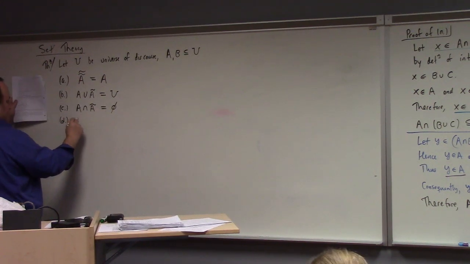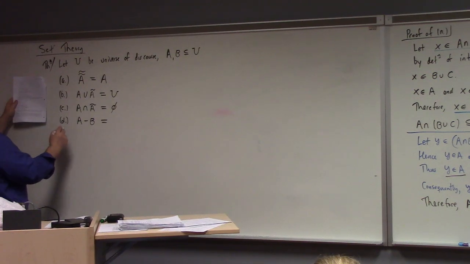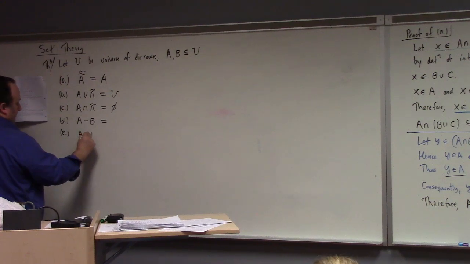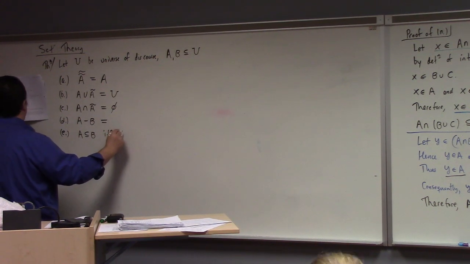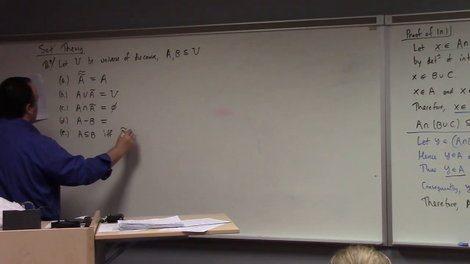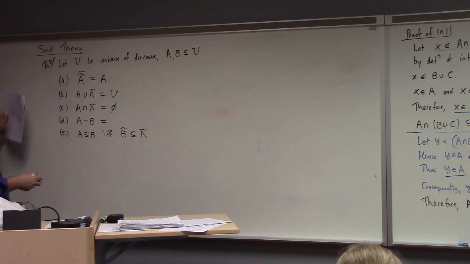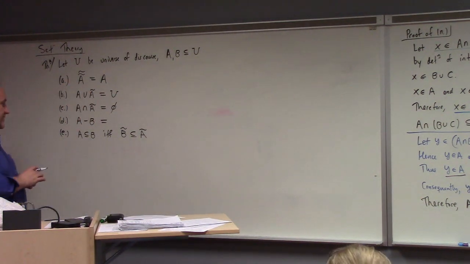What is the set difference of A and B? That stopped you guys for a second, huh? So complements reverse inclusion: B complement is a subset of A complement. So if A is a subset of B, then the complement of B is a subset of the complement of A. Complement turns subset around.